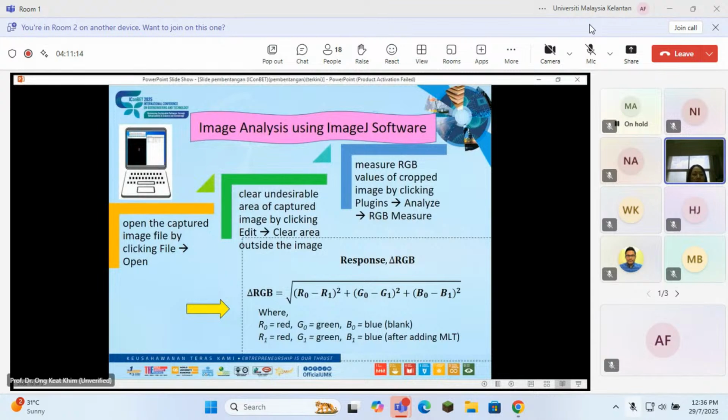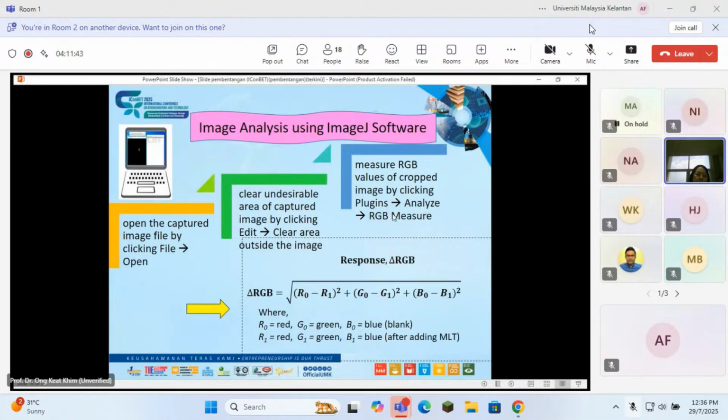Now have a look at image analysis using ImageJ software. At first you open the file. After that, we click edit in order to clear the area outside the image, that means we clear the undesirable area of the captured image. After that, we want to measure the RGB value. We click plugins, analyze, followed by RGB measure.